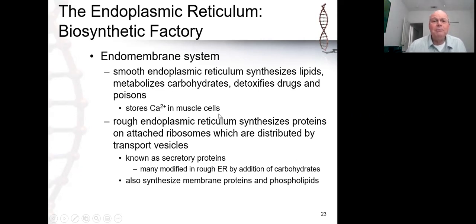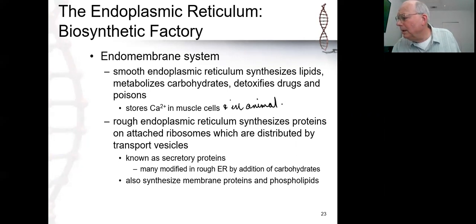It says here in muscle cells, but also in animal egg cells. We don't really talk about that role in this class, but again, if you take the General Biology 2 class, we do a chapter on embryological development, which begins with the fusion of egg and sperm, fertilization, and the role of calcium becomes really important there because it activates the egg cell.